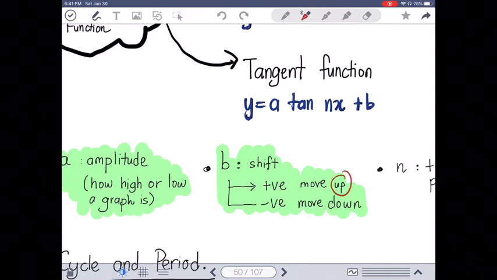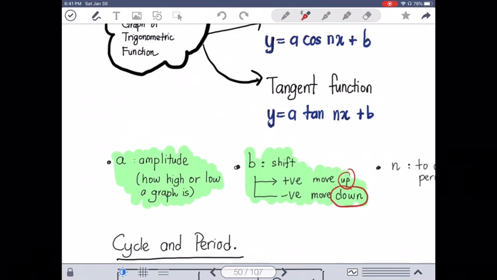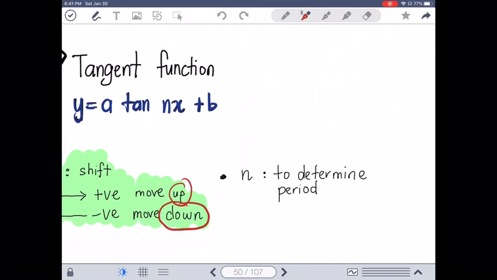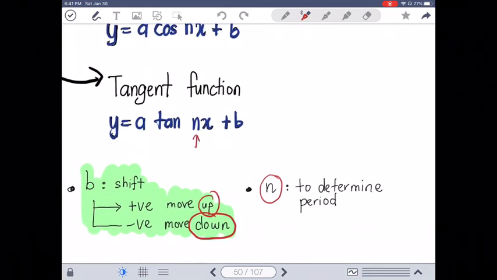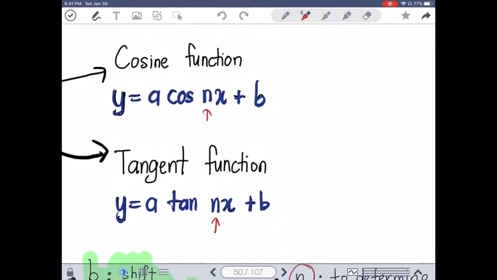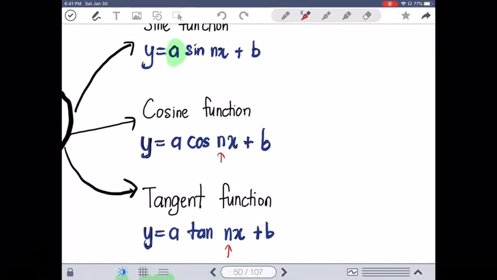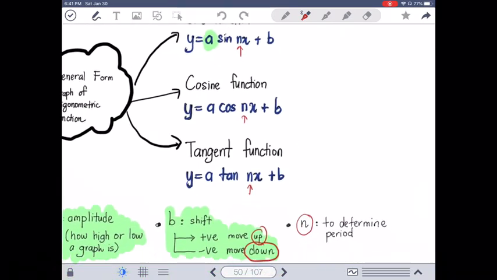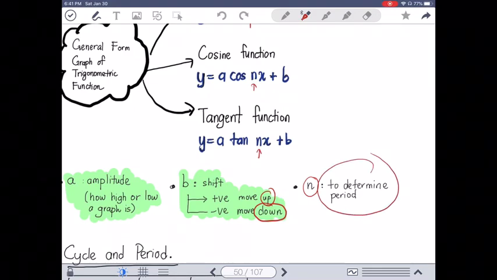If negative, we need to shift the graph down. Okay. And n is used to determine the period of the graph.